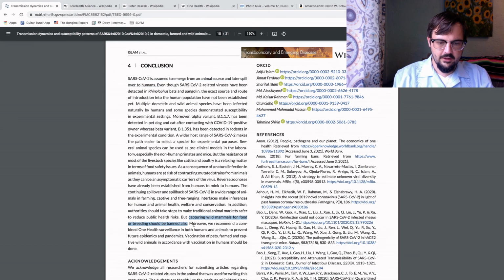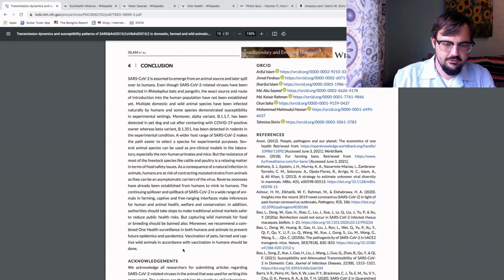And moreover, we recommend a combined One Health surveillance in both humans and animals to prevent future epidemics and pandemics. And then the V of pets, farmed, and captive wild animals in accordance with the V in humans should be done. And this isn't just saying mandatory, compulsory, by the way. This is just saying, like, when you do it to humans, it should also be done in animals.